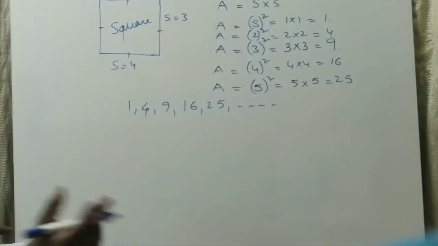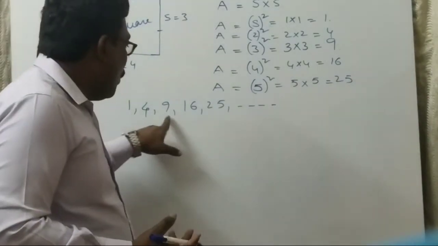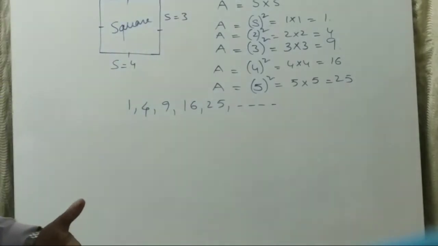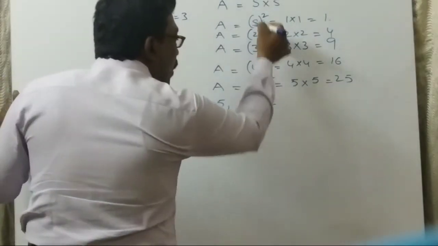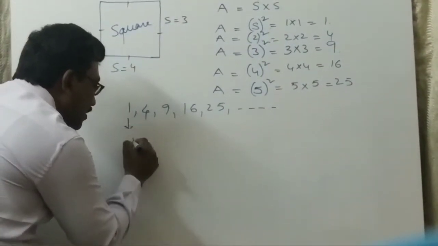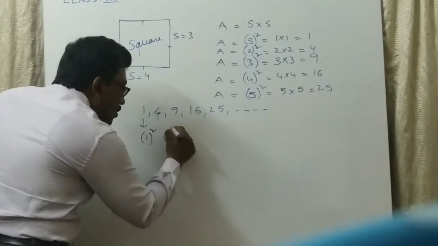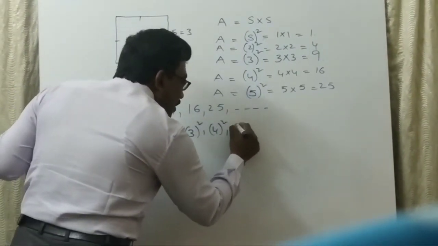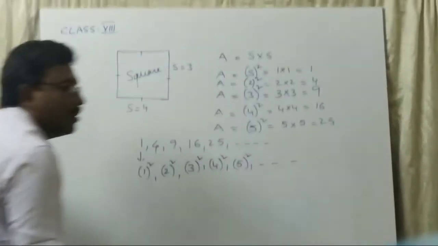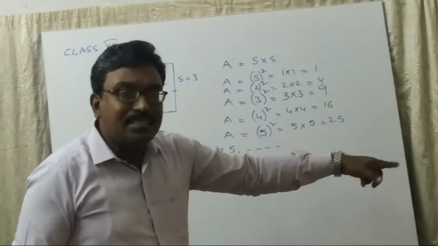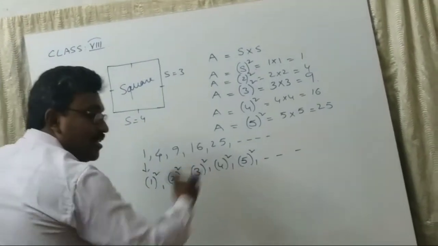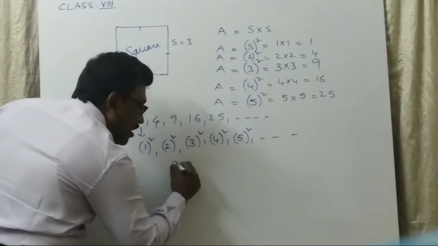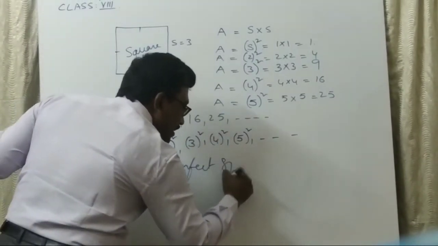What type of numbers are these? Squares of natural numbers, right? 1 square, 2 square, 3 square, 4 square, 5 square, and so on. This type of number is called a perfect square.